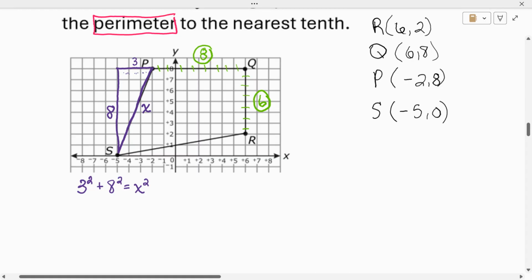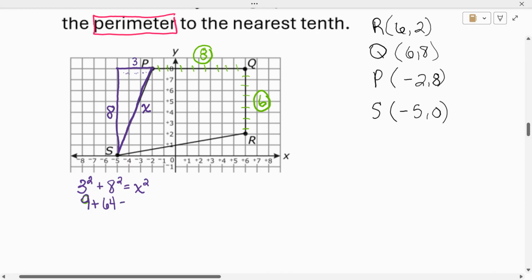You can just write it on your graph. So what is 3 squared? 9. So I have 9 plus, what is 8 squared?